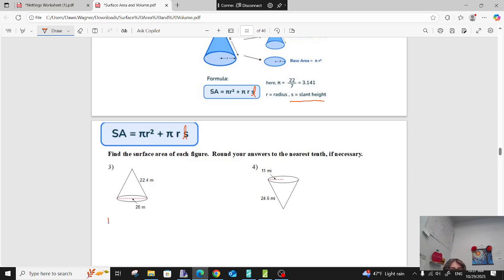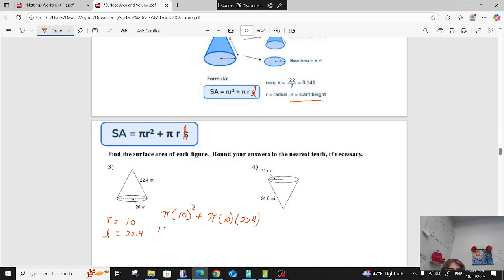So, what's R? 10. What's slant height? And that's all I needed, right? So it's pi times 10 squared plus pi times 10 times slant height, which is 22.4.